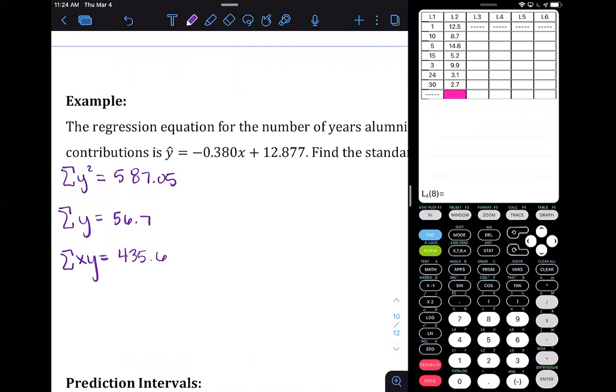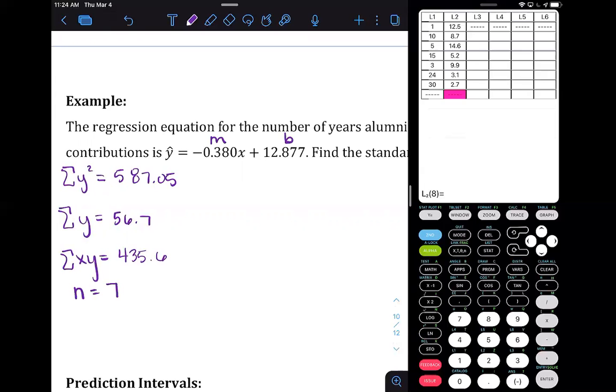The summation of y squared equals 587.05. The summation of y is 56.7, and the summation of x times y is 435.6. Remember, this is our m, this is our b, and the other thing we need to know is our n, which is 7.